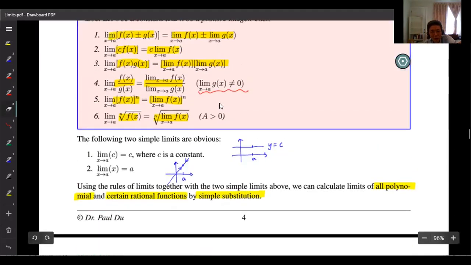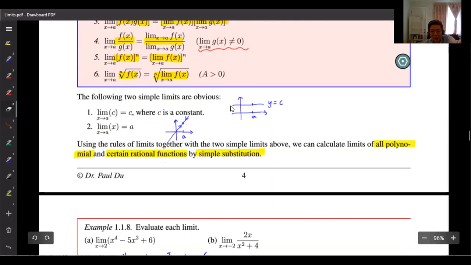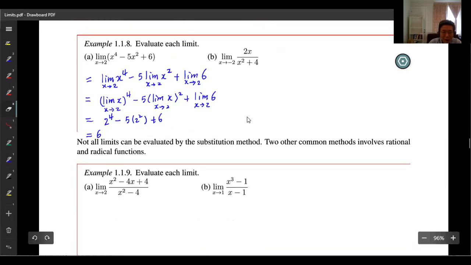Using these basic rules, these 6 basic rules. Similarly for a fractional function. For rational functions, same thing. I think we can cover quite a bit today. So you just use equals, maybe right here.